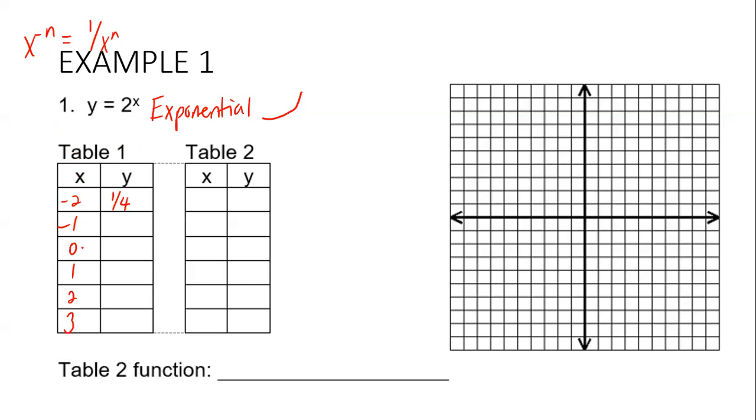Now we have -1, so it becomes 2 to the -1. 2 to the 1 is 2, but it's negative, so it's 1/2. We did 2 to the -2, then we did 2 to the -1.